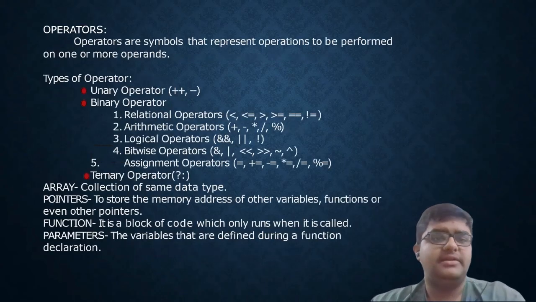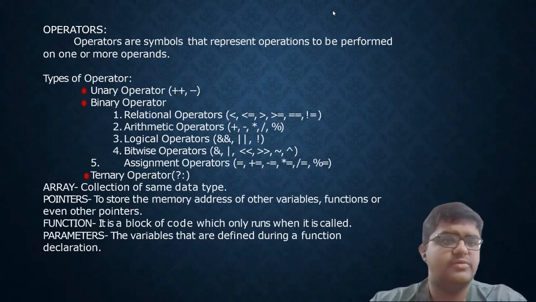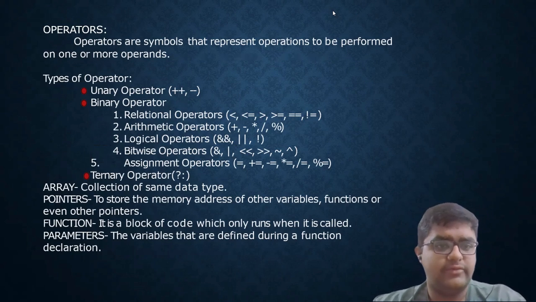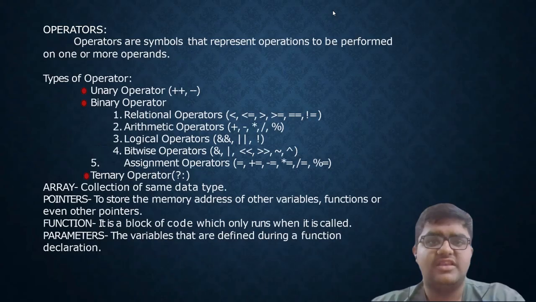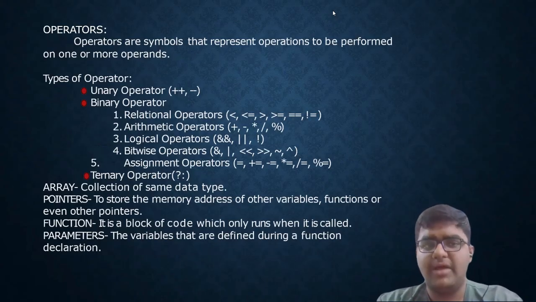Then we have operators. Operators are symbols that represent operations to be performed on one or more operands. So we have unary operators like plus plus or minus minus, which do a single addition or a single subtraction to whatever it is applied to. Then we have binary operations.